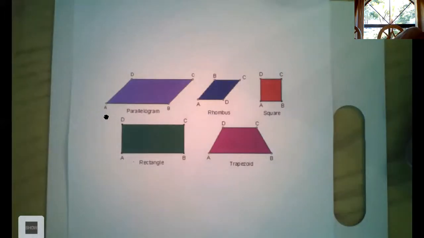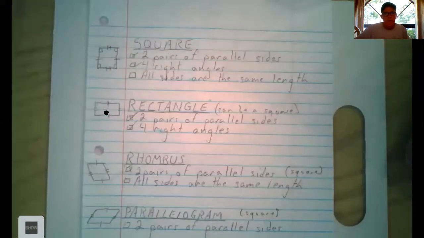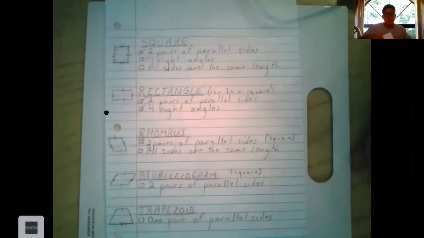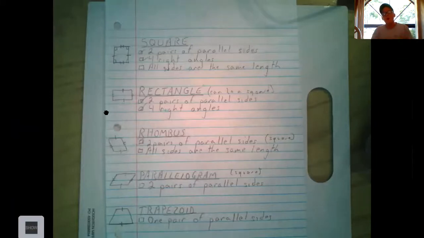So what you may want to do is simply pause it right now. Write down the definitions there. Remember, the square is the most serious. The rectangle is a little less serious. The rhombus is starting to get loosey-goosey, and the loosey-goosiest of them all is a parallelogram. And don't forget about our lonely trapezoid. So go ahead and pause it right there and copy this down because you're going to need it later on.